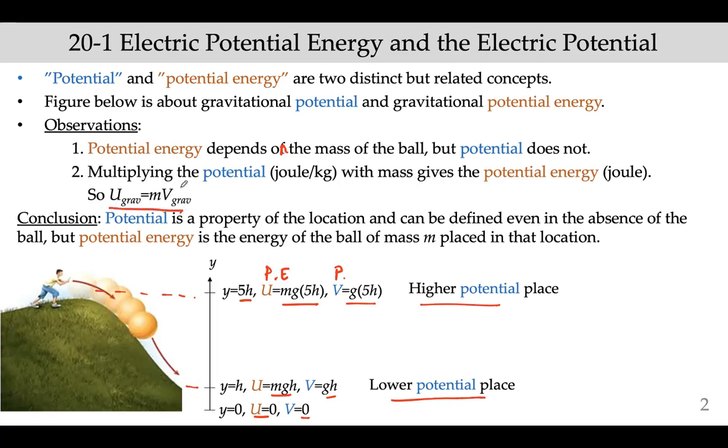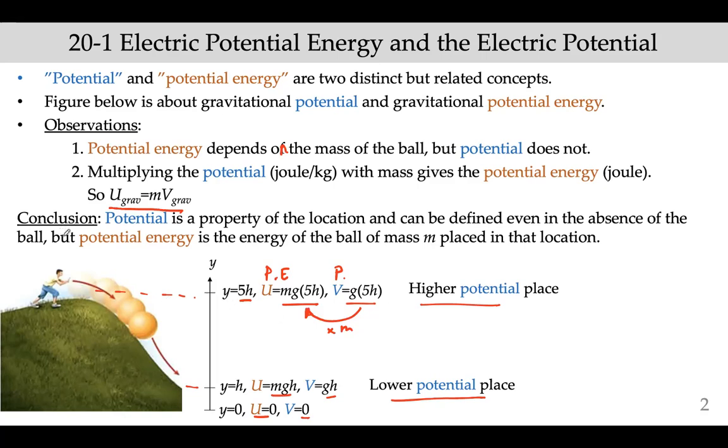Indeed, it's the case here. If you multiply V by m, you will get mg5h, which gives you the potential energy. So basically just multiply potential by mass, and it gives you the potential energy.